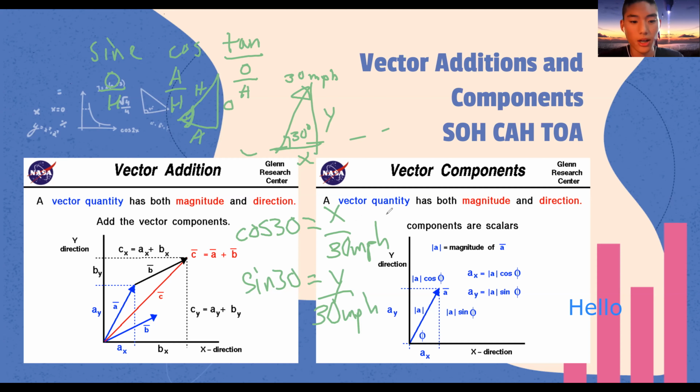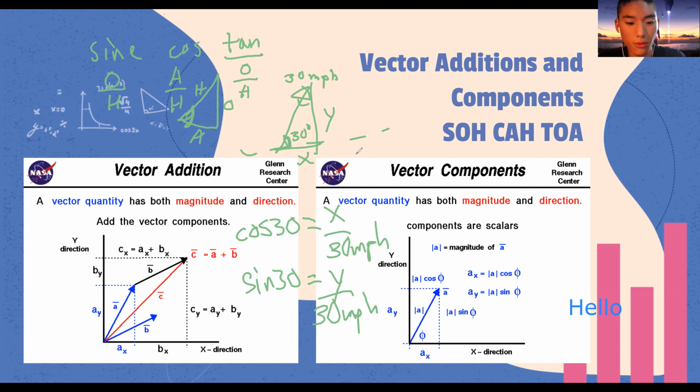Okay, so after I got cosine and sine, right? You could also use tangent, but the thing about tangent is it always depends on what you state your angle as. So right now I'm stating my angle as 30 degrees, but that 30 degrees is not here, it's right here, right? So it always depends where you state your angle, and that's why it's very important that whenever you do physics calculations, you always specify everything.